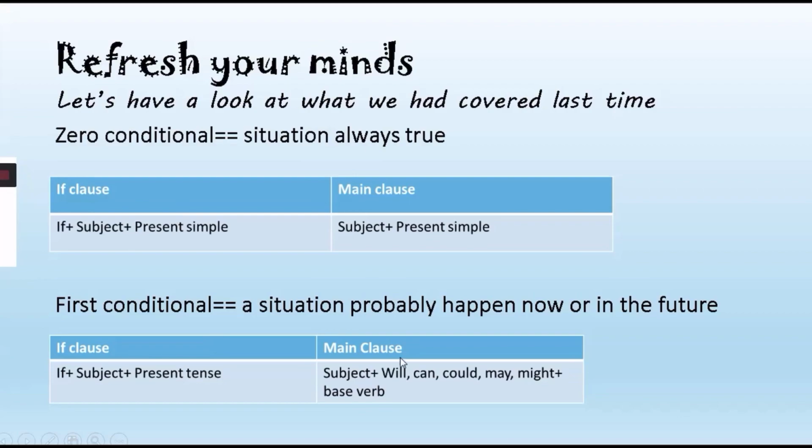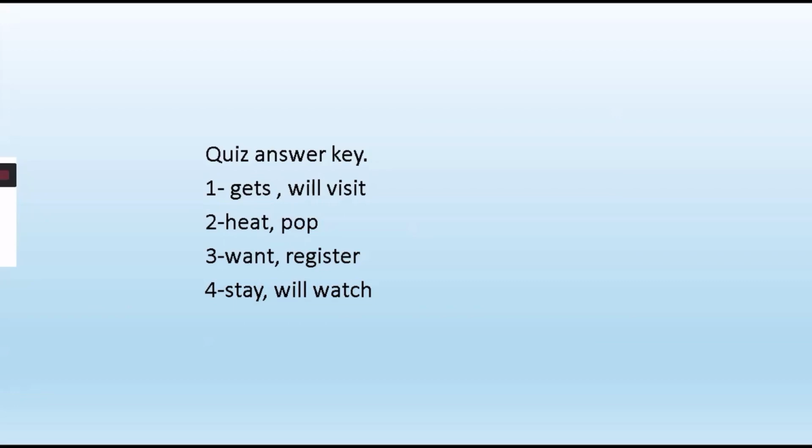Subject, and you choose one of these modals: will, can, could, may, or might, then followed by the base verb. Okay? So that's a quick revision of what we covered last time. And these are the answers for your quiz. Now let's continue with our class for today.